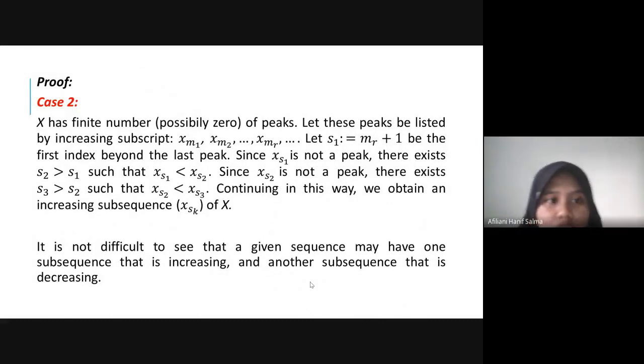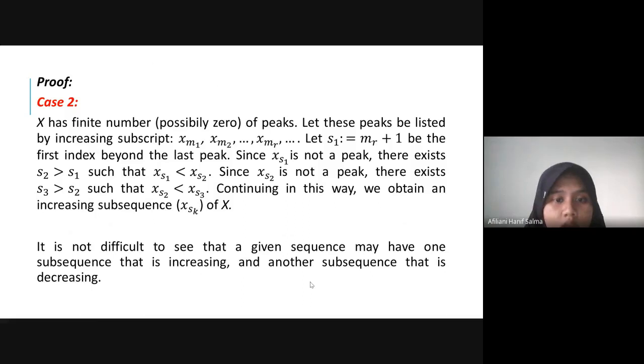For case 2, X has a finite number, possibly zero, of peaks. Let these peaks be listed by increasing subscripts: xm1, xm2, and so on until xmr, and let s1, defined by mr plus 1, be the first index beyond the last peak.